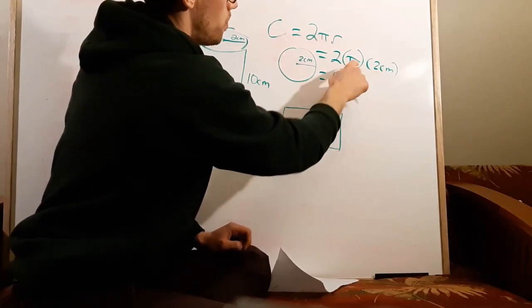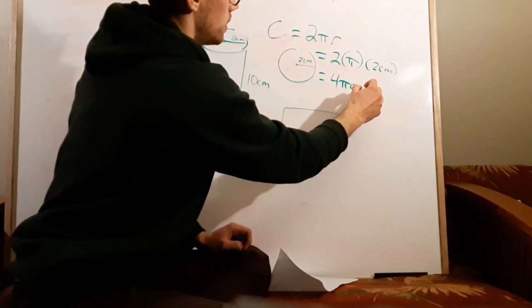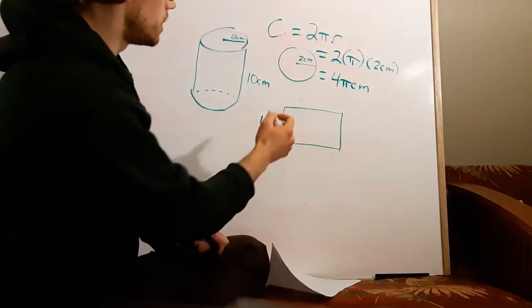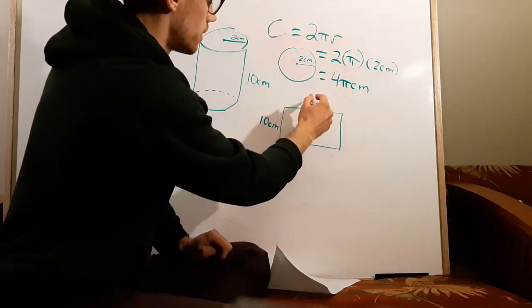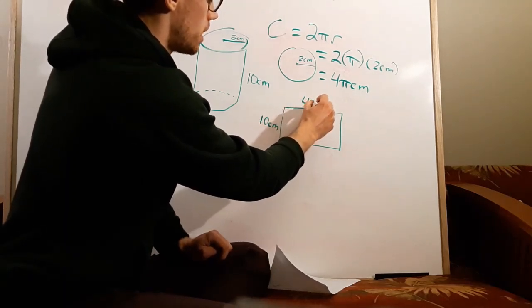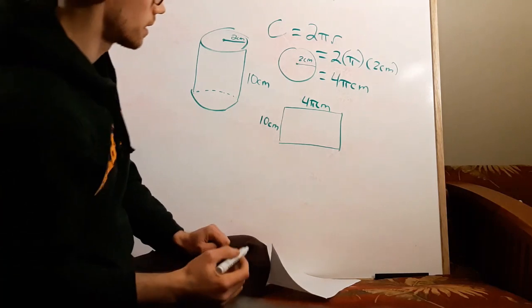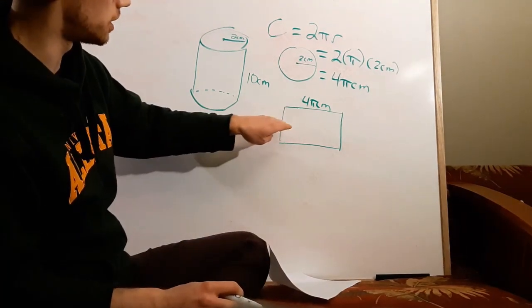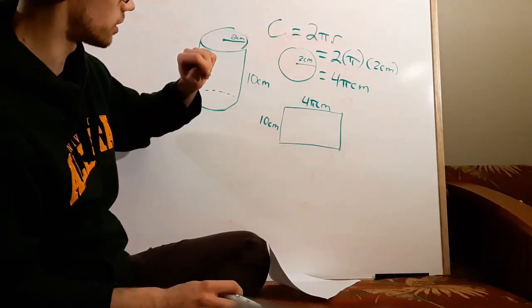So I have 4 pi centimeters. So that circumference is going to be the length right here, 4 pi centimeters. And we're almost there. Now we have the dimensions that we need here and the dimensions that we need for this circle.